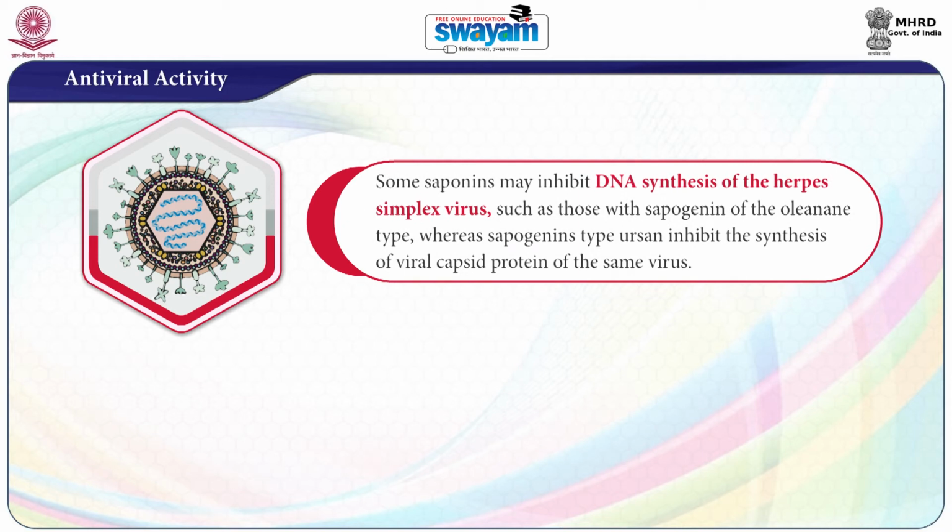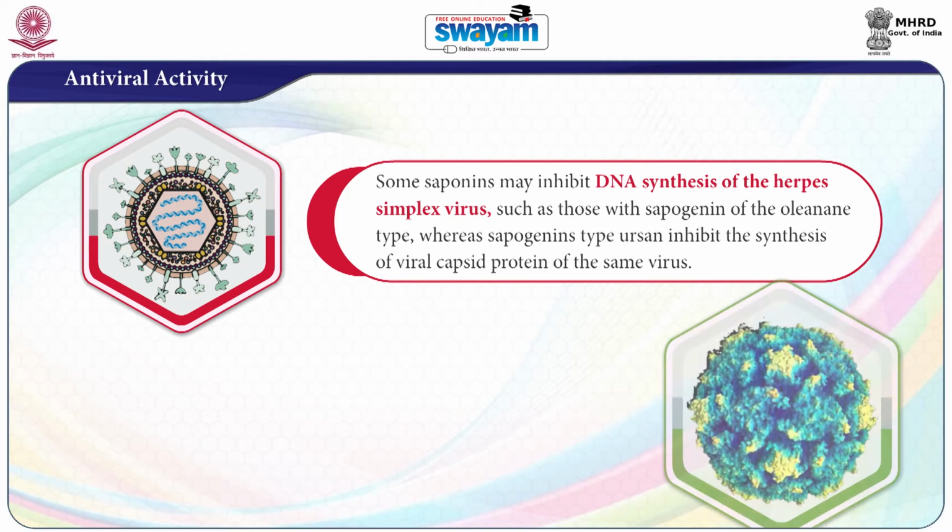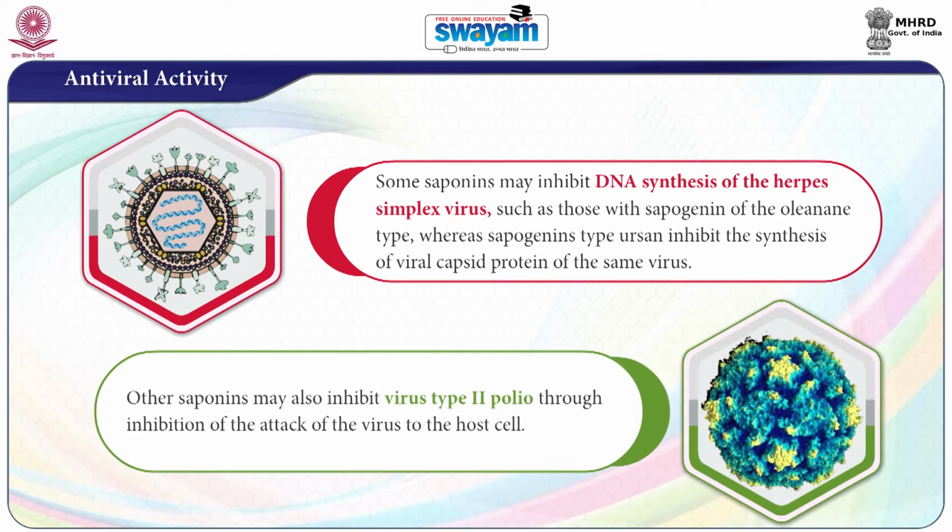Some saponins may inhibit DNA synthesis of herpes simplex virus, such as those with sapogenins of oleanane type, whereas sapogenin of ursane type inhibits the synthesis of viral capsid protein of the same virus. Other saponins may also inhibit poliovirus type 2 through inhibition of the attack of the virus on the host cell.